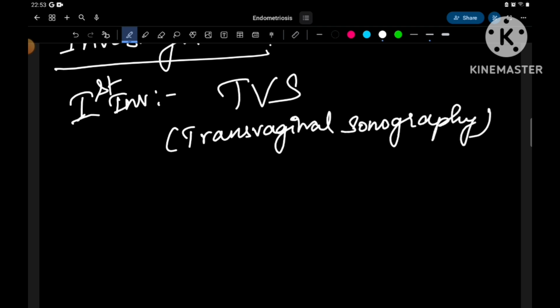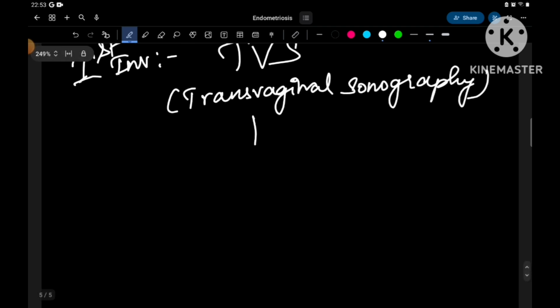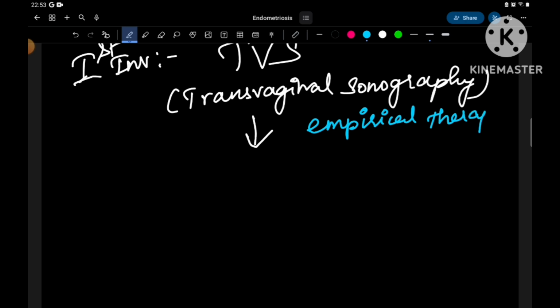Okay, next, what you have to do? Followed by that, even before seeing the results of further investigations, you have to start her with empirical therapy. Now, investigation of choice.